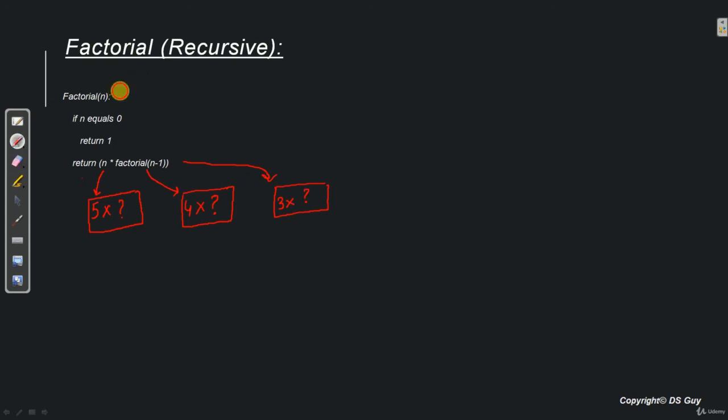Once again this factorial method is called with value 2. If n equals 0, no. Return n into factorial n minus 1. So this time it returns 2 into factorial 2 minus 1, that is factorial 1.